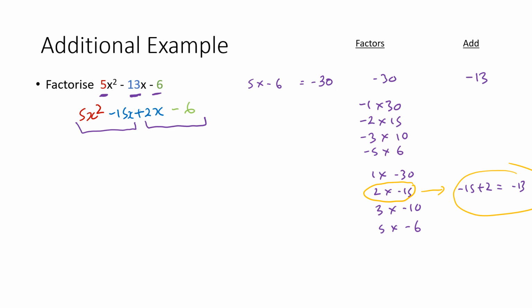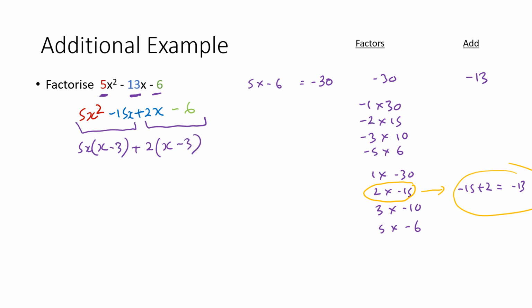If you factorize the first bit, it is going to equal 5x, x minus 3. 5x times x gives you 5x squared, 5x times minus 3 gives you minus 15x. Plus here we're going to take 2 out: 2 times x gives you 2x, and 2 times minus 3 gives you minus 6.